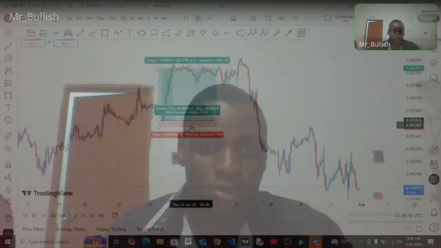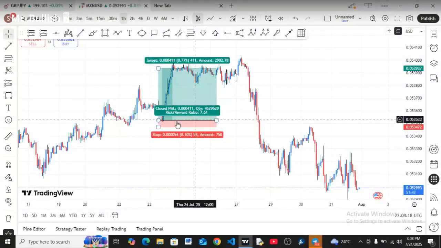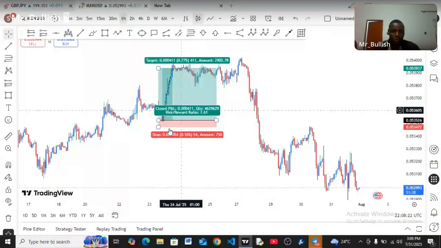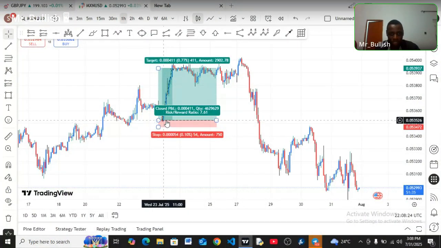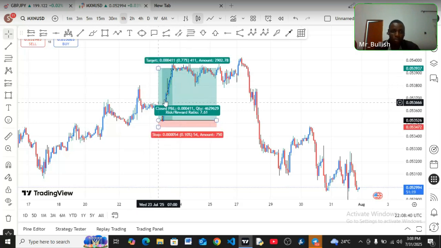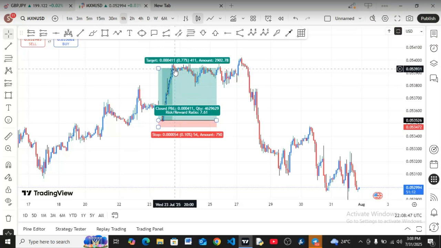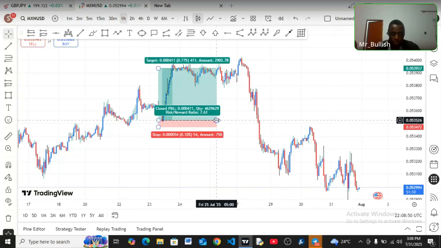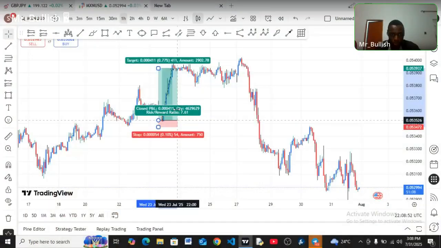What this pattern I drew here means is that the moment the price gets to this middle line here, I'm in for the trade. And as soon as the trade is going against me, the moment it gets to this point, I'm out with whatever I'm losing. Now, if it's going for me, the moment it gets to this point, I'm also out with whatever profit I've made. You understand? So that's it.